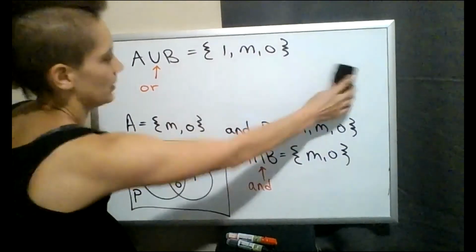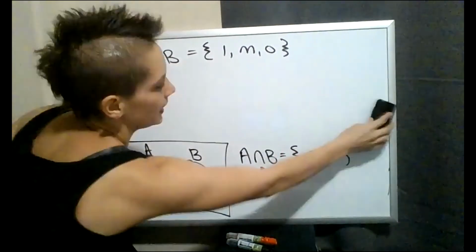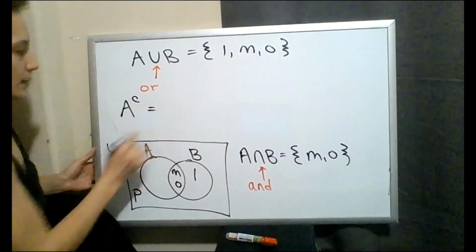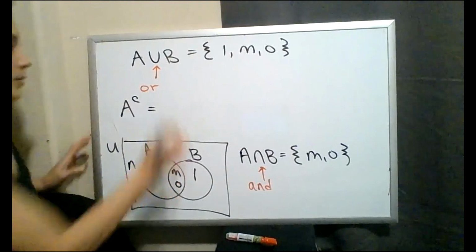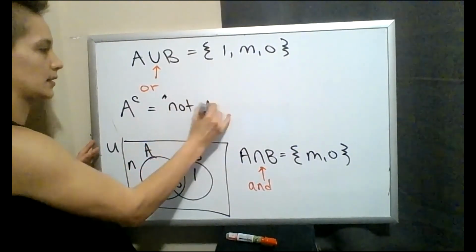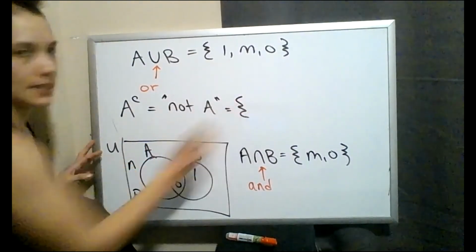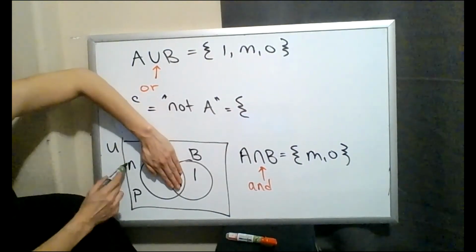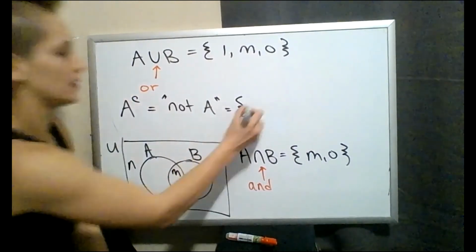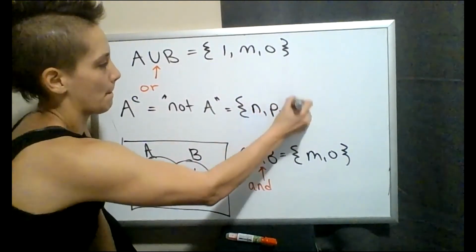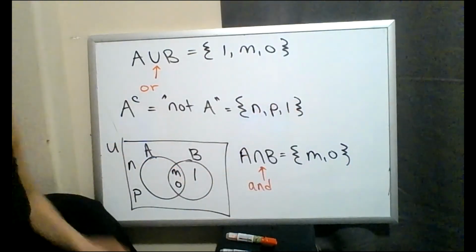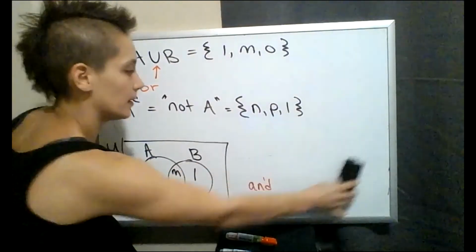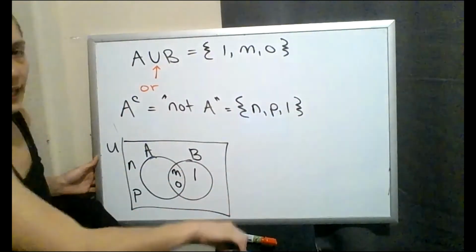Let's get the complement of A and the complement of B. So this is like not A. As a set, it is everything except for M and O, which means you need N, P, and L. Last one.